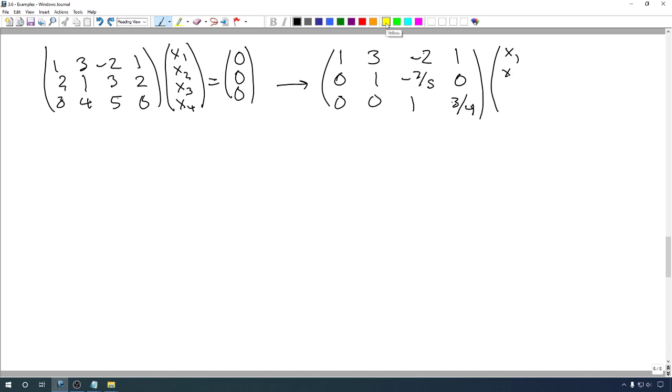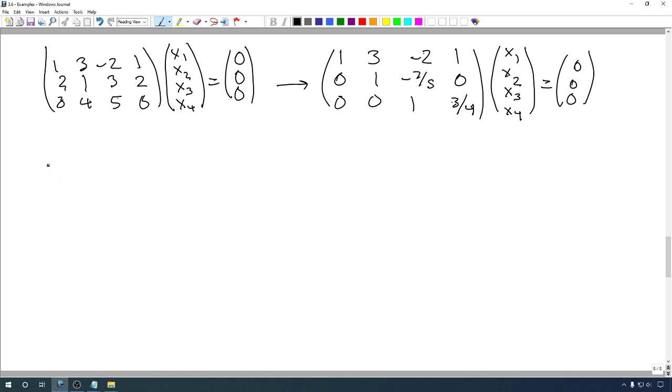That x looked like a 3, sorry. This is supposed to be a 2. Then we have x3 and x4. And that's still going to give us the same zeros over here. In other words, we can express these x's in terms of other x's. Basically, we have equations here.